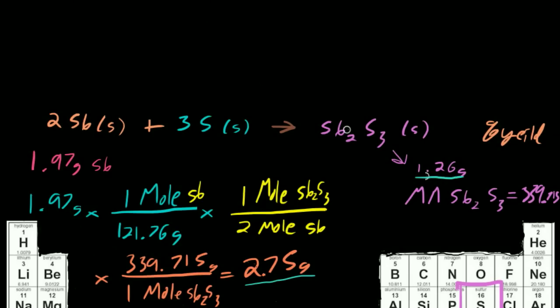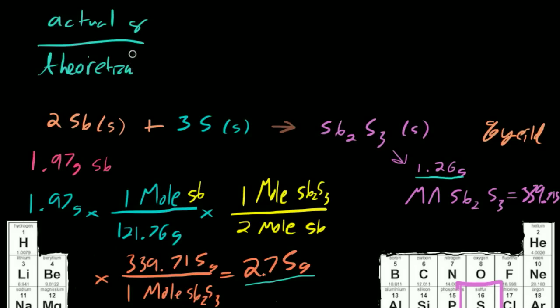Our percent yield is actual yield over theoretical yield, and then we multiply that by 100 to turn this into a percent.